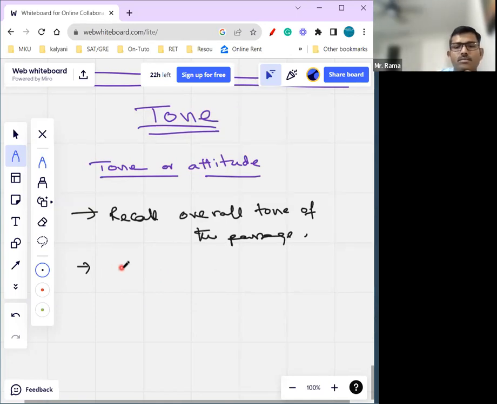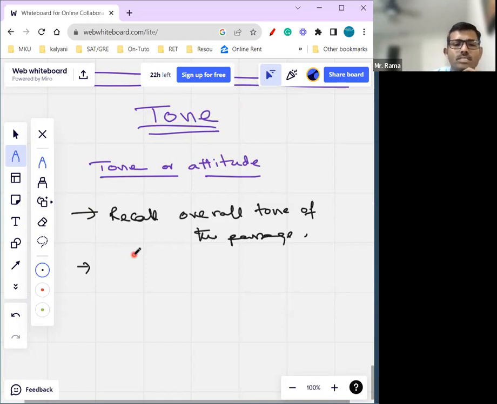Once you look into it, it makes more sense. You understand the tone of the entire passage and how that small piece fits the overall tone. If that doesn't sound correct, then it is not your right answer, okay?